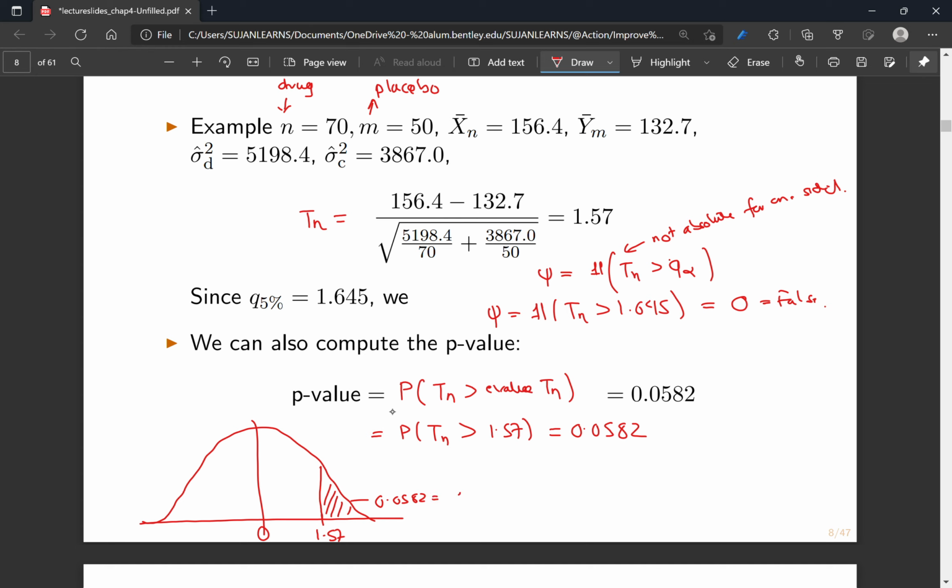That is 5.8%. Therefore, we can only reject the null hypothesis at an alpha of 5.8% or above. If it is 5.8% or less, such as 1%, 2%, 5%, we cannot reject the null hypothesis.